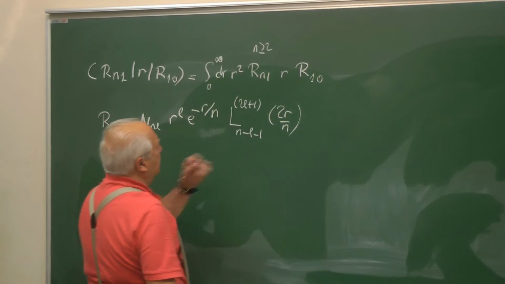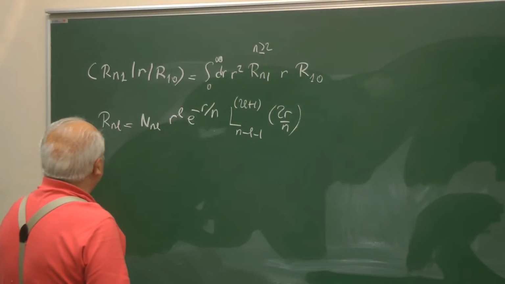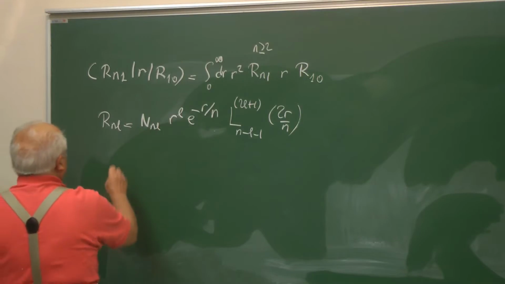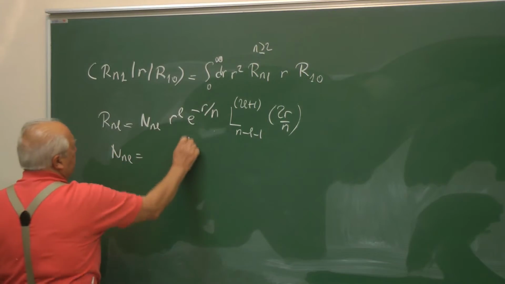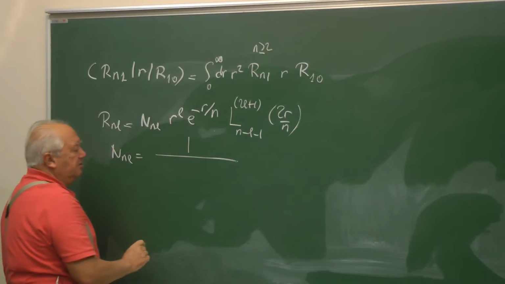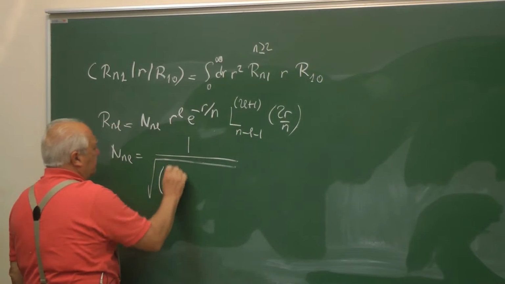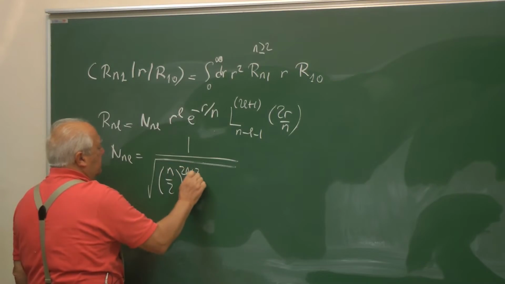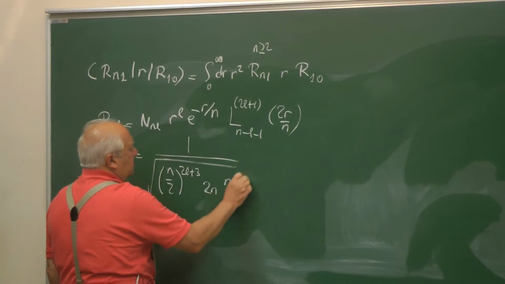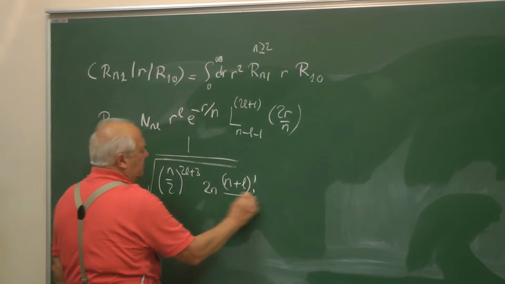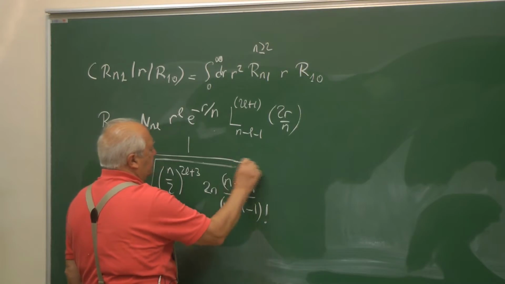This is the associated Laguerre polynomial that we studied before. And what is the normalization coefficient? We had calculated this in the earlier videos. It is the square root of (2 over n) to the 3, times (n minus l minus 1) factorial divided by 2n times (n plus l) factorial.